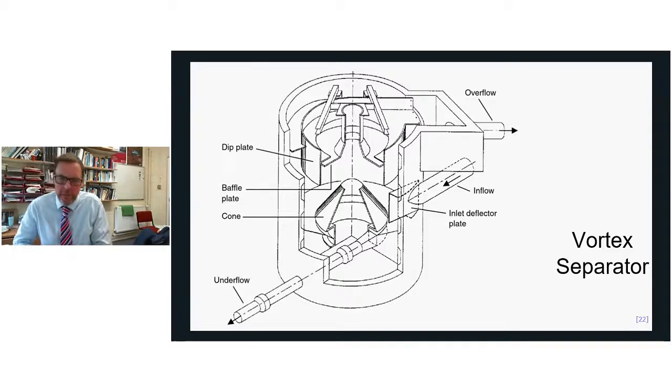So this is another common device which is used, and how this device works is that it encourages a vortex to form inside it, just like you do when you pull the plug out of your bath or your wash hand basin and you see the vortex form. This device is specifically designed to form a vortex within it.